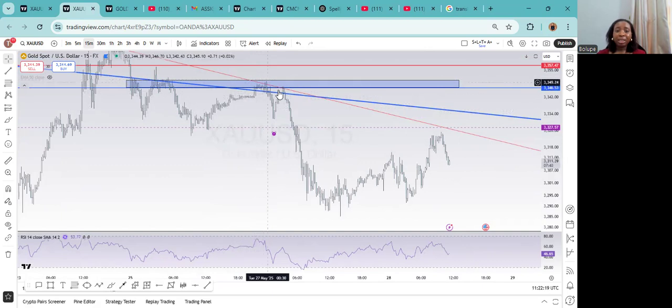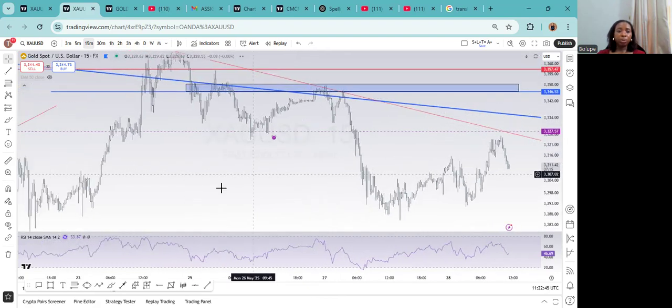This happened before the London session, before and during. So you could have waited for price to get here. This is divergence right here, a lower high, a bearish candlestick pattern, and then price pushed down. You even have drop-base-drop right here.